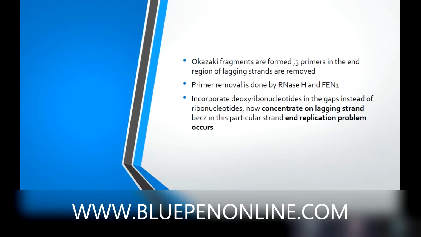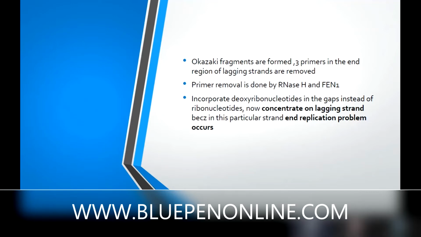Now you just explain the last part. What happens in the last part? In the last part of replication, the replication bubble is opened, then helicase is removed. Then after the formation of the leading strand, three RNA primers are formed.